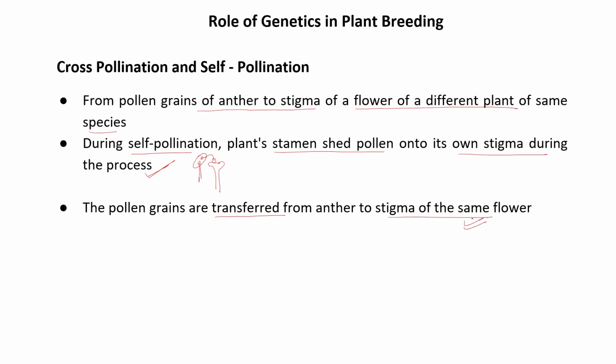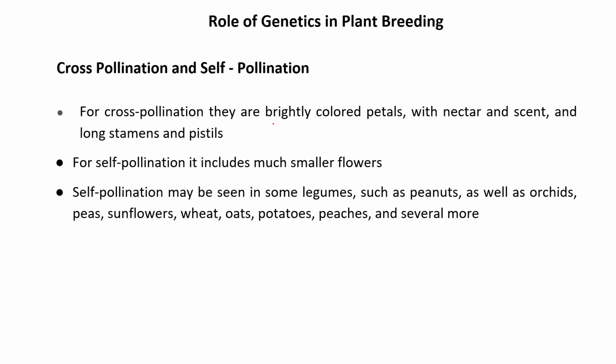This is self-pollination. For cross-pollination, flowers have brightly colored petals with nectar and scent. This is one of the peculiarities, or characteristics, of flowers that are cross-pollinated. The petals are generally brightly colored because they have to attract insects.